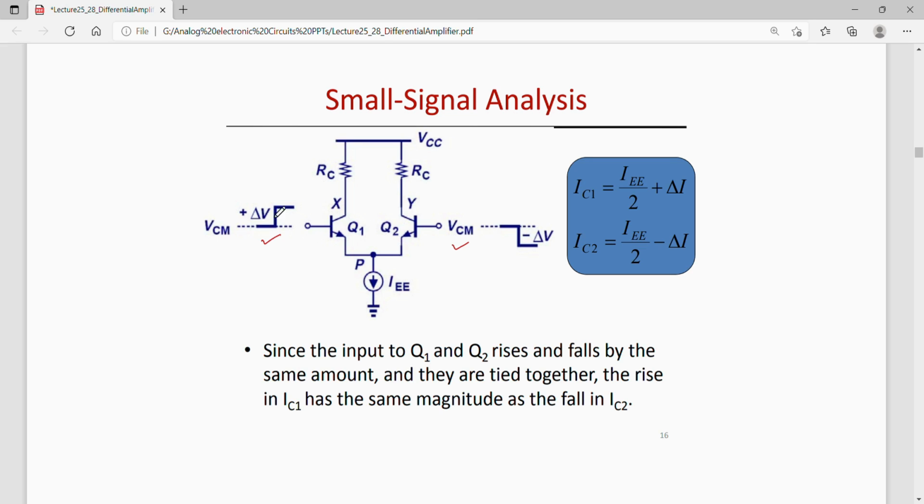Now when the input is rising over here, IC1 should also rise. And when the input is falling here, IC2 should come down. This increase in IC1 and reduction in IC2 should be by the same amount.